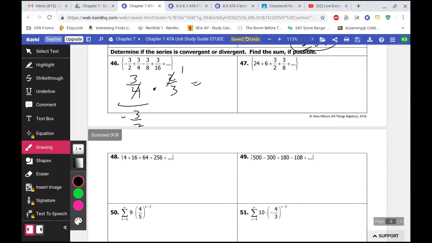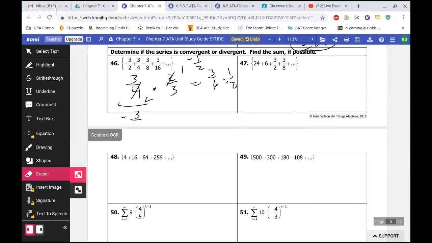It is negative 0.5. It took me longer than it did you. Good old calculators. But you would want to do that just to find out what the common ratio is. And this common ratio is negative 1/2. And so it does mean that it's convergent. So we can get a sum on it.